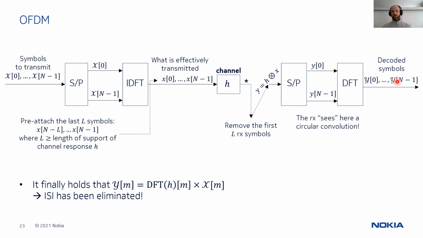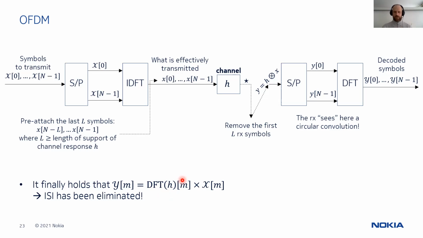So what you decode at the end of this whole chain is indeed what you have transmitted in the same slot times something, where this something is the n-th element of the DFT of H. Plus noise.